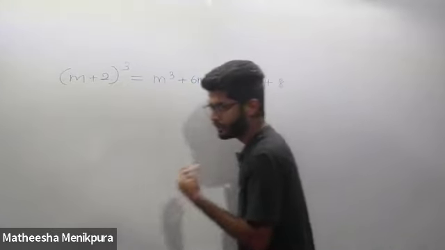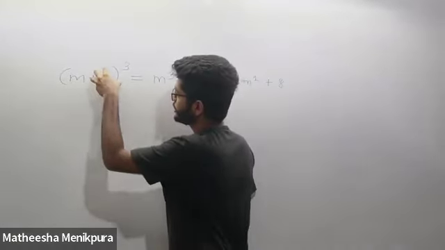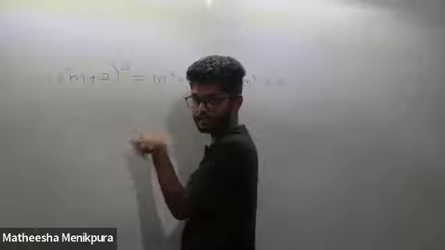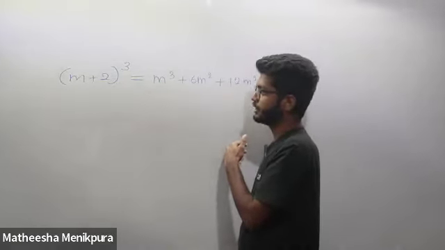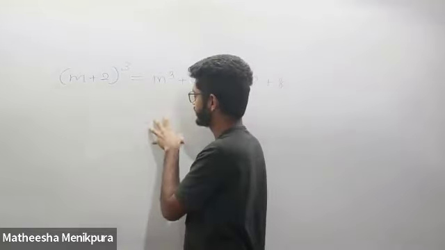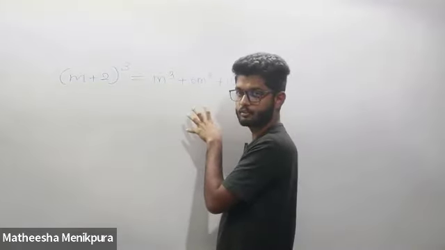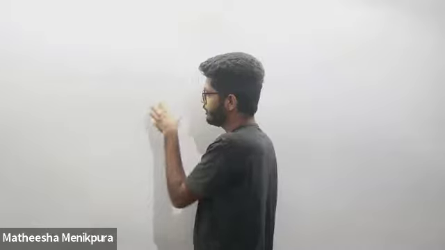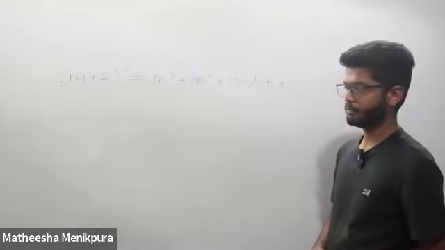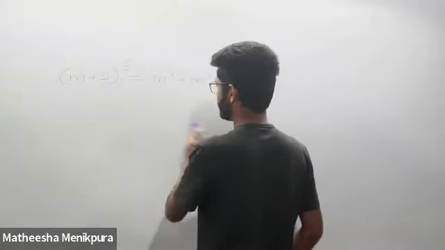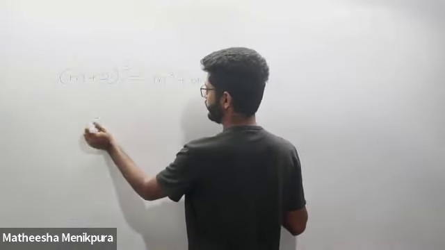Then we have to write the second term in a way that the power is getting increased, starting from the power 0. And in the second and third terms, we have to multiply them and multiply the answer by 3. So this is how we are doing.